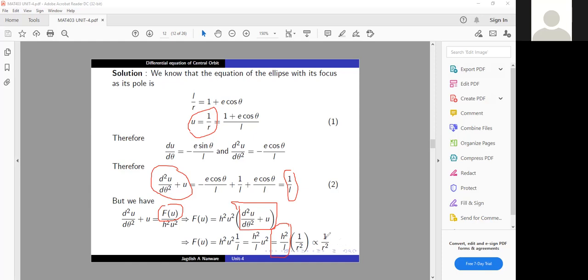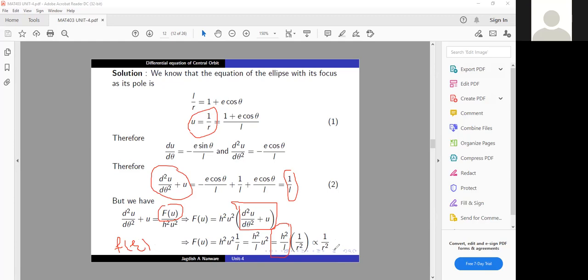Or instead of f of U, you can take f of r also, small f of r, right? So here this is proportional to 1 upon r square.